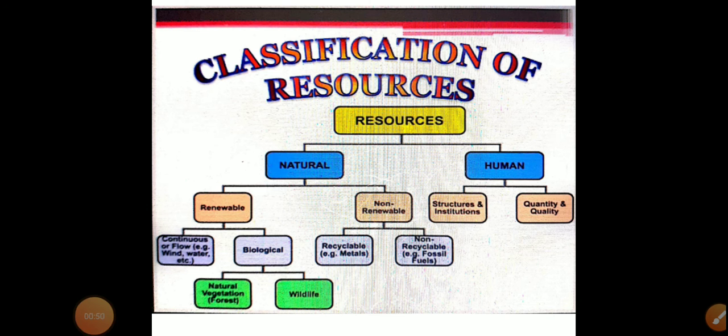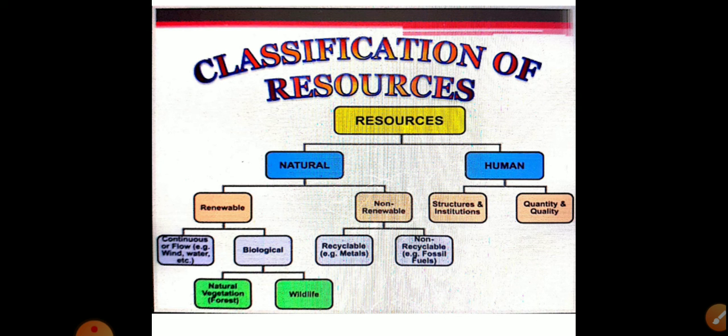Now, students, in this flowchart, you are seeing that there are two types of resources. First is natural resources and second is human resources. Natural resources we can divide into two parts, renewable resources and non-renewable resources.